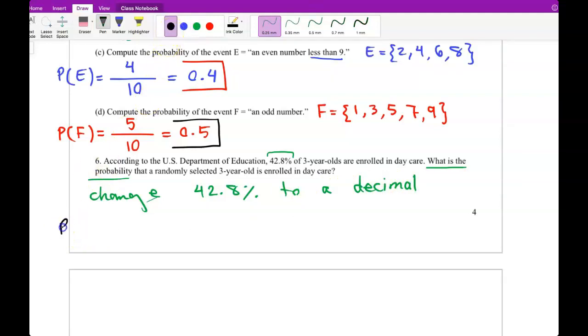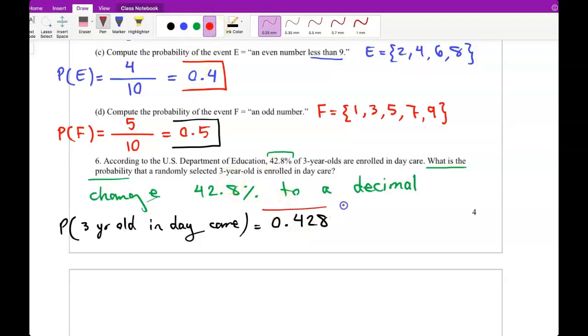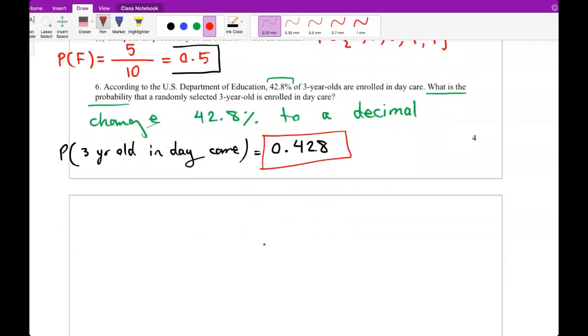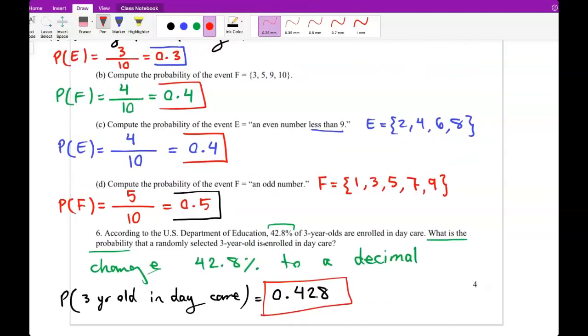That means the probability of a 3-year-old enrolled in daycare is equal to 0.428. So this is our probability. Okay, I finished this section.